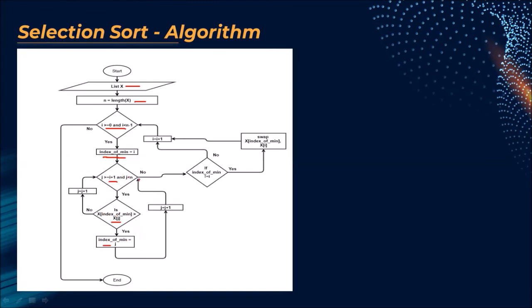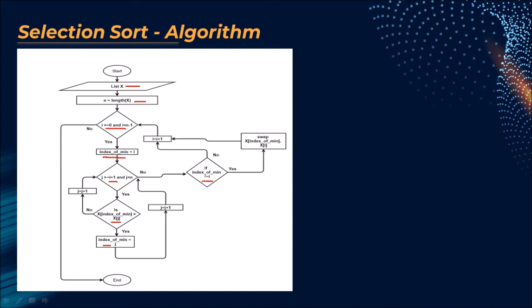Once that unsorted portion is completed, we check if the index of minimum is not equal to I. What does this mean? It means our initial assumption has been violated and we have found a new minimum than the one which we had already assumed.